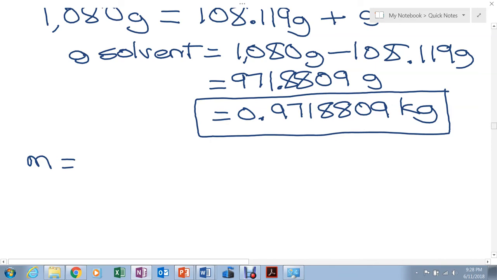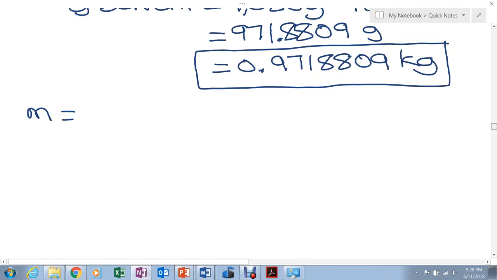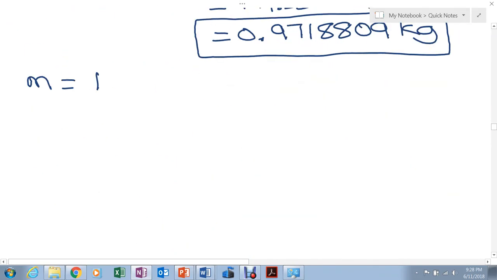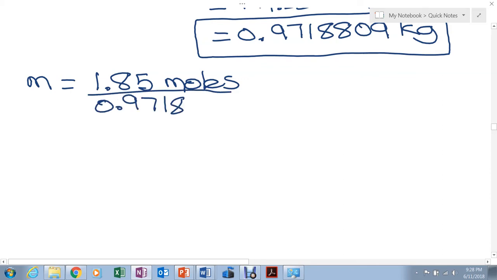Remember, 1.85 moles of NaCl divided by the kilograms of solvent, 0.9718809 kilogram, and that gives you, with sig figs and everything, 1.90 lowercase m.